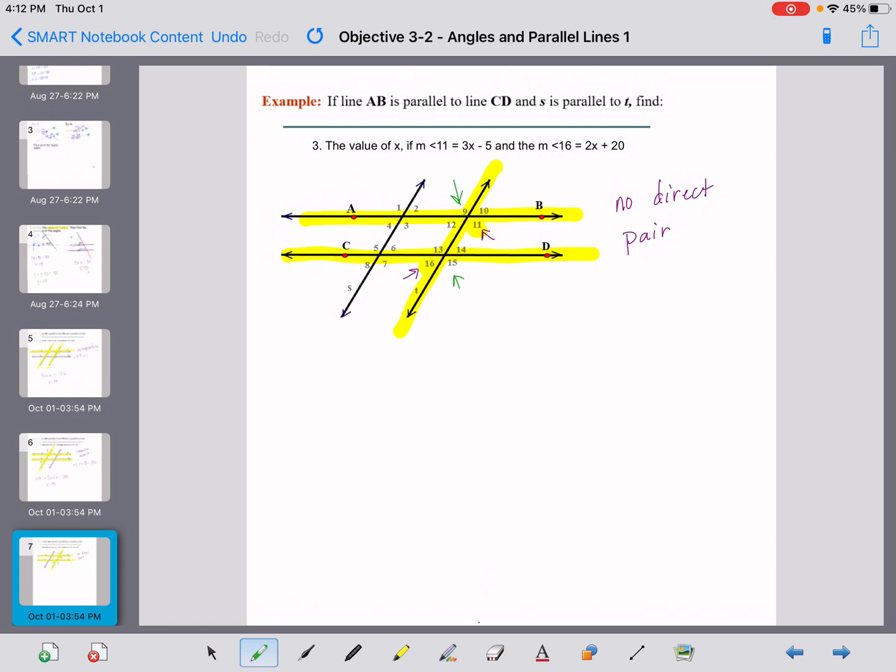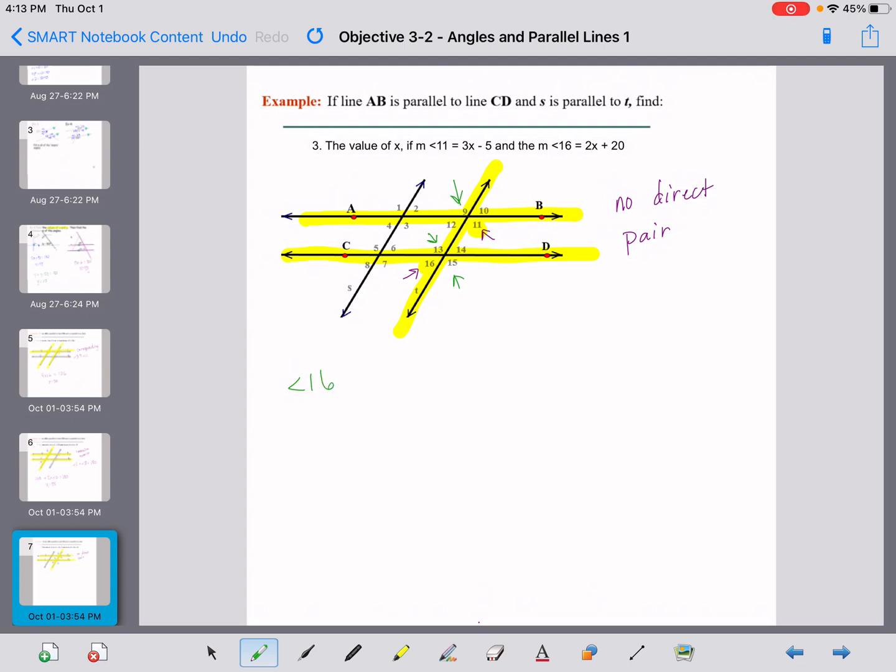Oh, and 13. 13 has the same measure. So how could I use one of those angles, 9, 13, or 15, and develop a relationship with angle 16? Yeah, I could. I got a couple of different choices.